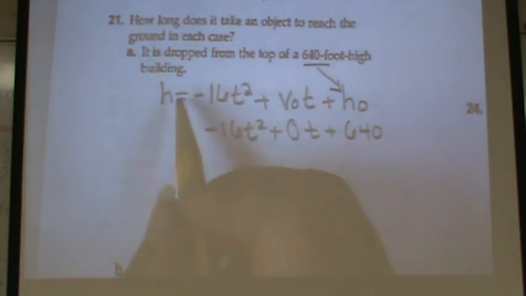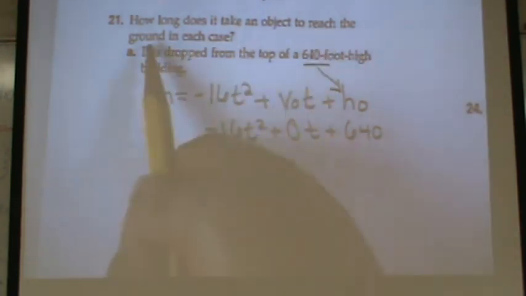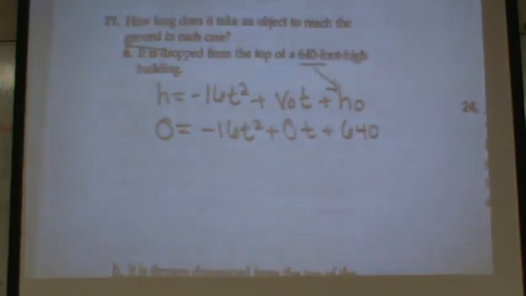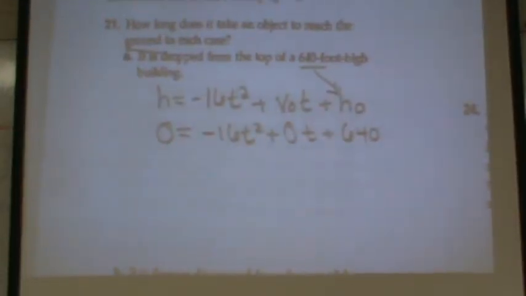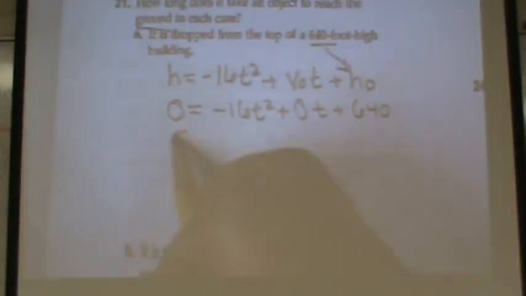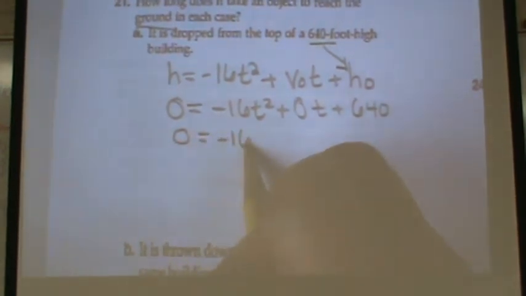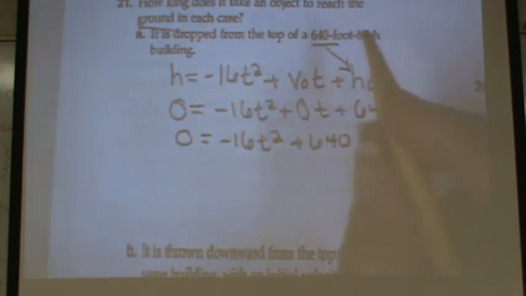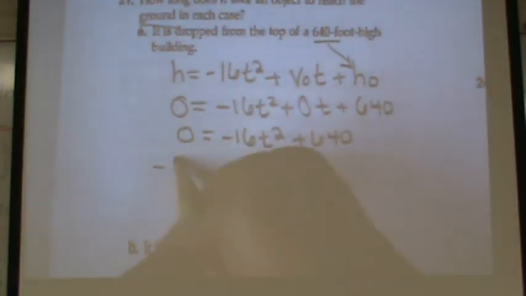Now we want to know how long will it take to reach the ground. The ground is 0 height. So how do you solve this one? Well, all you have is negative 16t squared plus 640. So you could easily subtract 640.